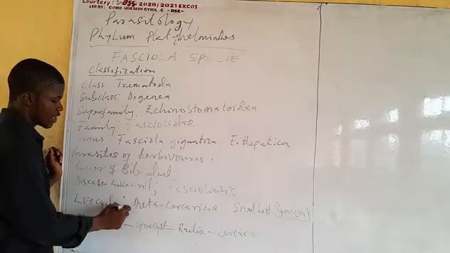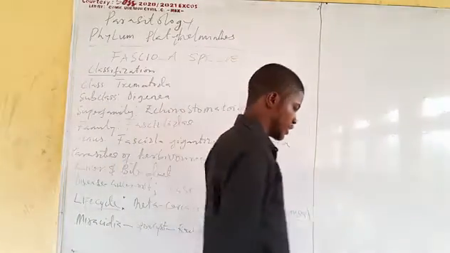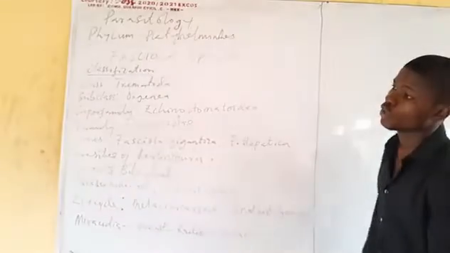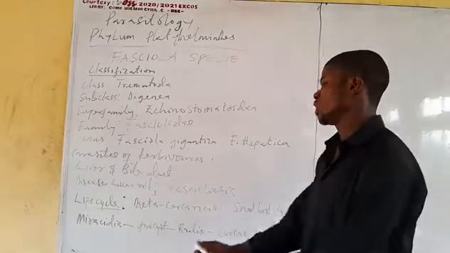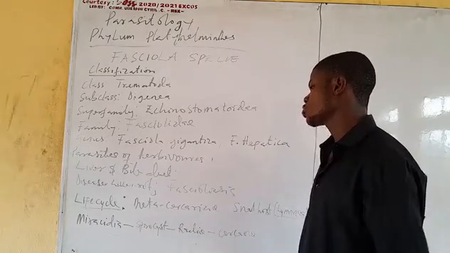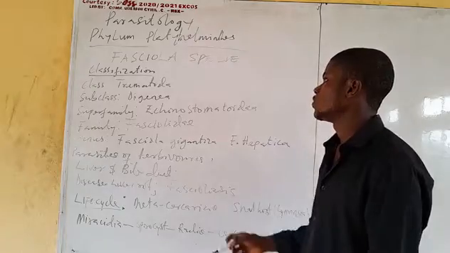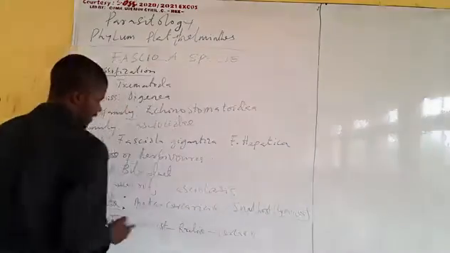Now we look at the life cycle of Fasciola species. It is very similar to that of Schistosoma. So you must know that the infective stage of Fasciola is metacercaria.